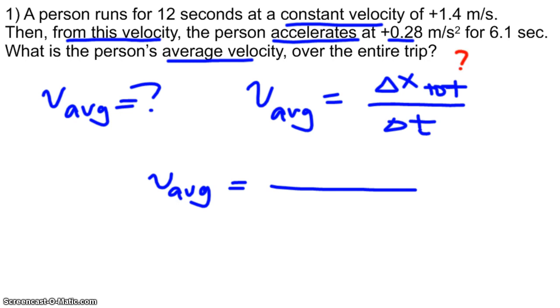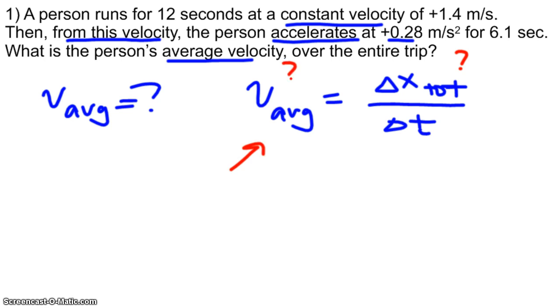So I look at this equation here. I say I have to find this. I know the total time, because the person runs for 12 seconds and then immediately runs after that for 6.1 seconds. So the total time is just the sum of the 2, 18.1 seconds.